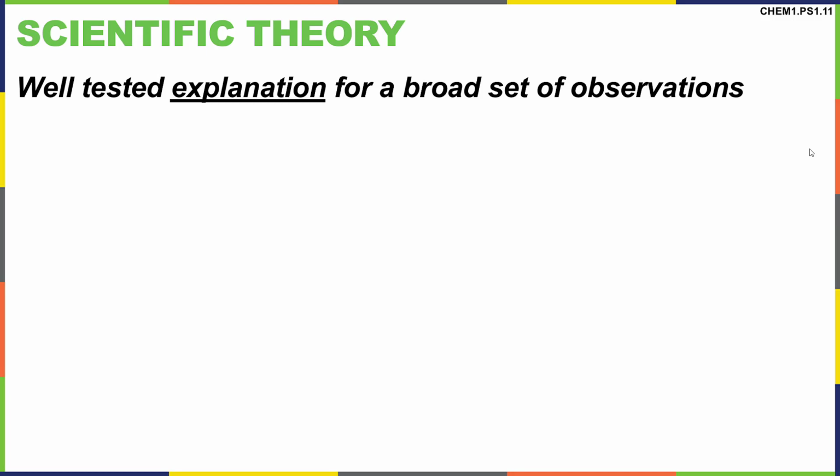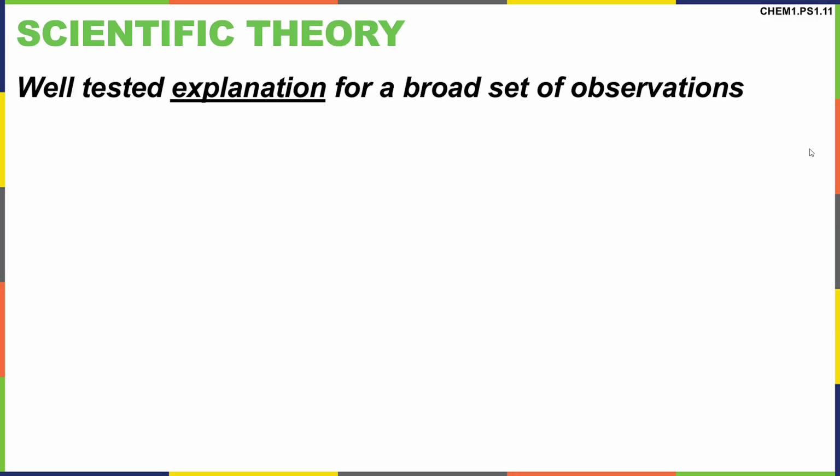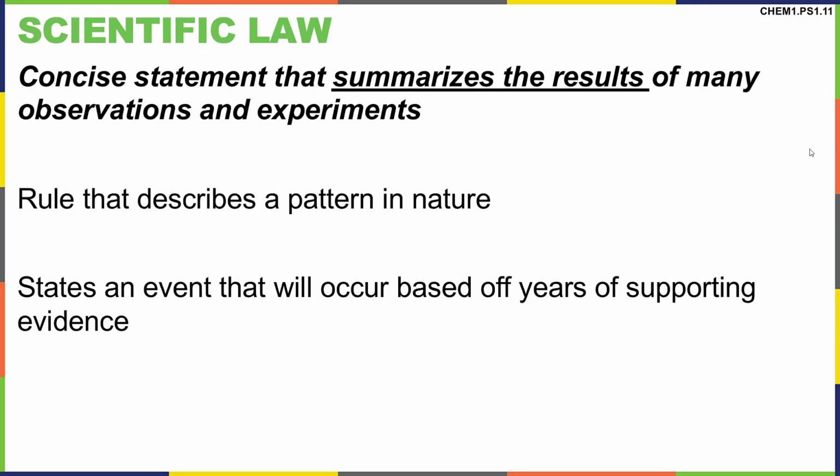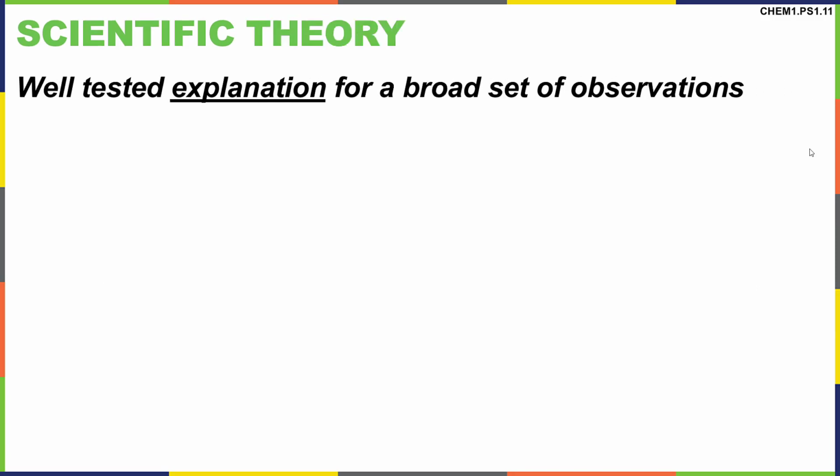The scientific theory is the explanation for the observations that you concisely state for a scientific law. So a law is simply a summary of the results of many observations, and the theory is the explanation or the reason why you got that data.